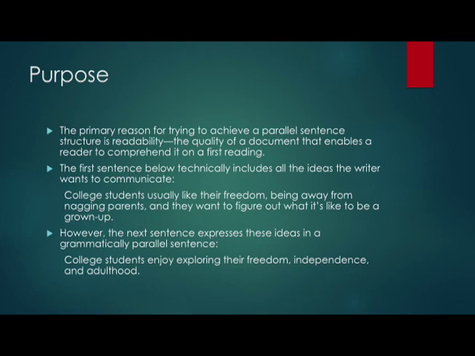"College students enjoy exploring their freedom, independence, and adulthood," okay? So here we have freedom, independence, adulthood. We have three nouns that are grammatically parallel to one another that make it really clear what we're trying to say. It's also a more concise sentence.